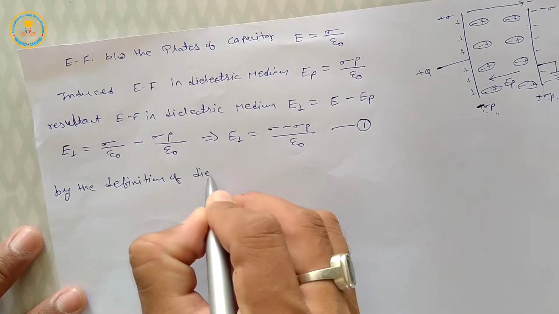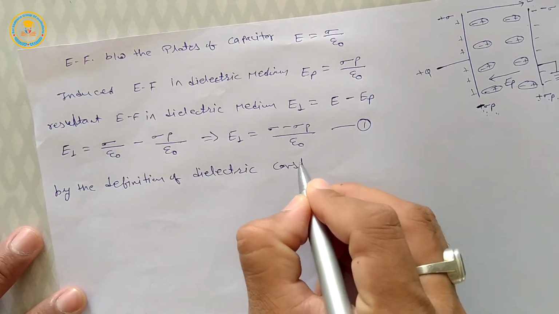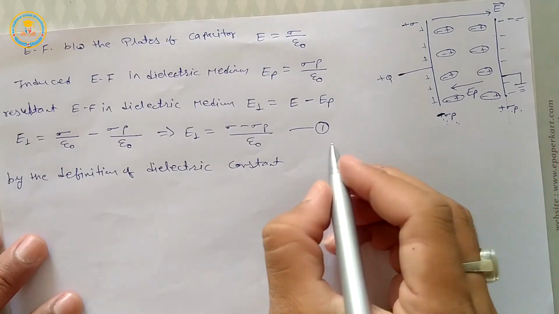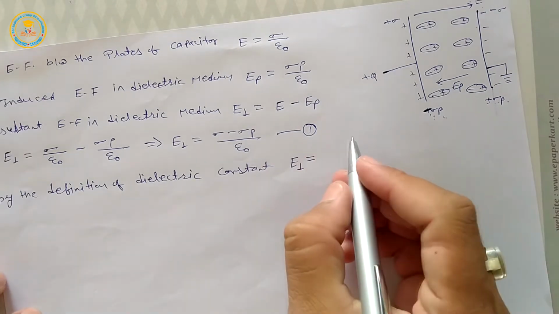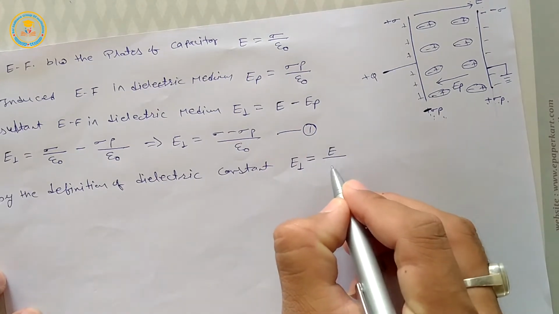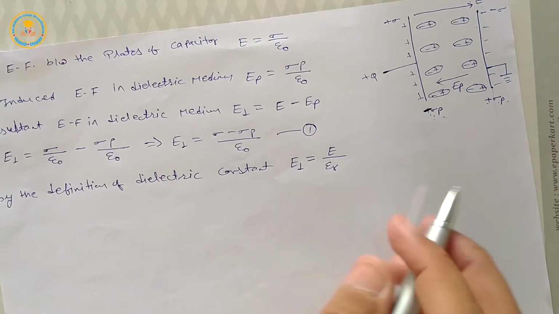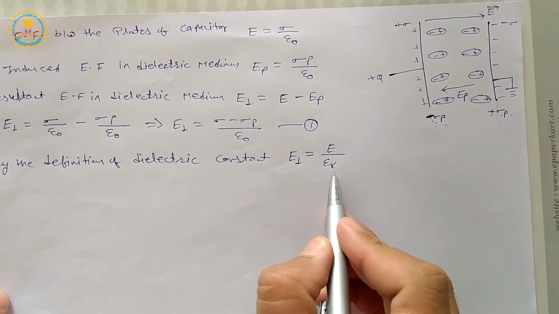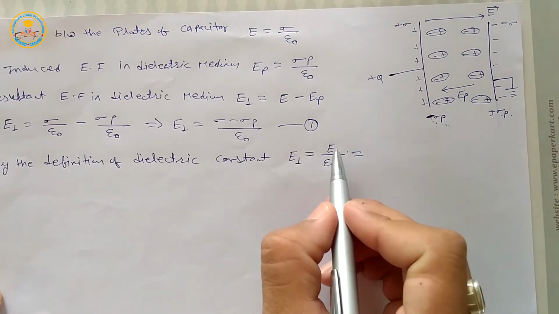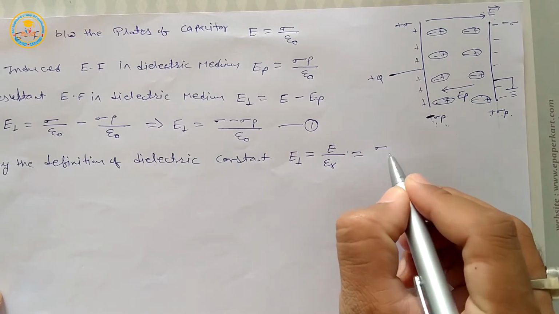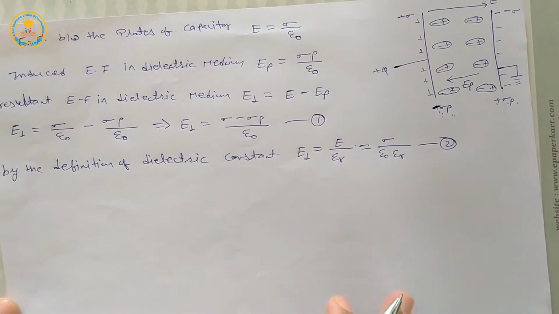This equation is written by this process, but by the definition of the dielectric constant epsilon r, we know that E1 is equal to E upon epsilon r. It means the resultant electric field is 1 upon epsilon r times the electric field. Putting the value of E, it is sigma upon epsilon naught epsilon r. This is equation number 2.